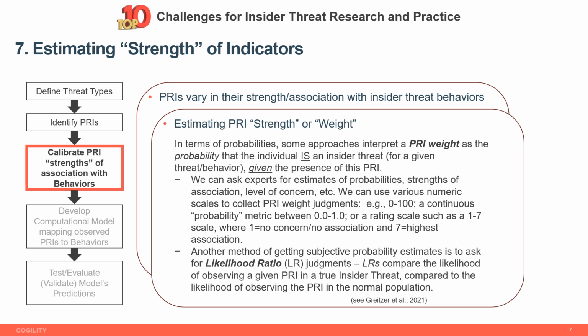I have used all sorts of approaches, including a 0 to 100 scale for level of concern, and methods that attempt to gauge the probability that a PRI is associated with a given insider threat type. People aren't very good at estimating probabilities. Certain biases occur, especially when estimating the likelihood of rare events. Recently, my research has aimed to extract probabilistic weights using likelihood ratio estimates. This is an area of research that deserves further attention.